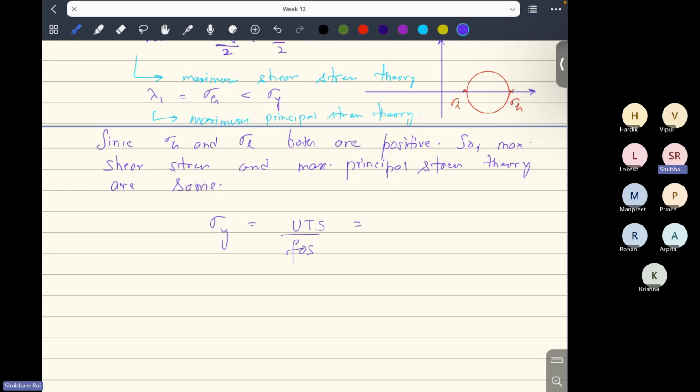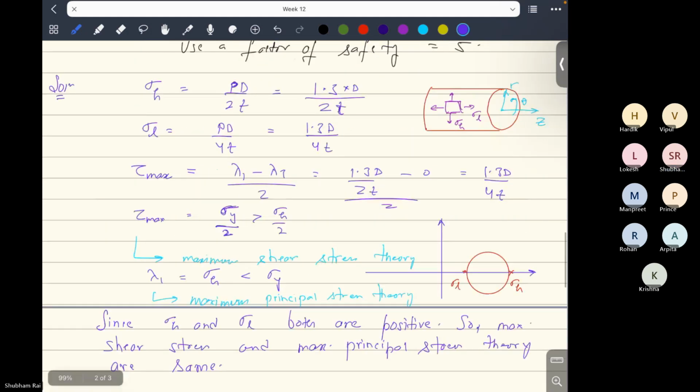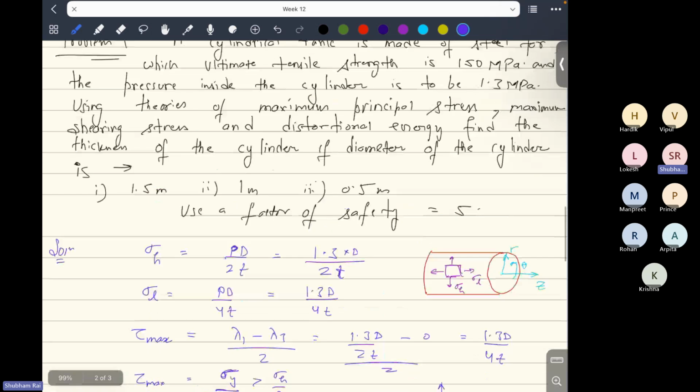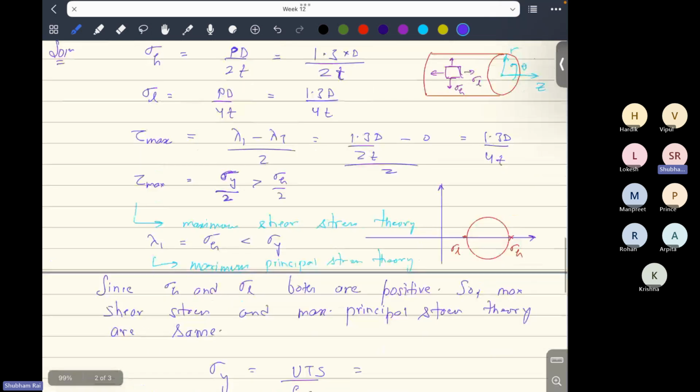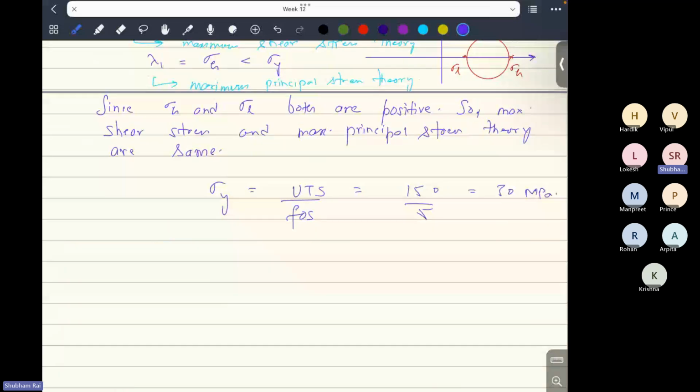The ultimate tensile strength is given here, it is 150 megapascal, and the factor of safety here is 5. So you get 30 megapascal, right? This is the allowable yield stress, and as per maximum principal stress theory or maximum shear stress theory, you should have sigma h less than sigma y. So sigma h is how much? 1.3 d divided by 2t. So that should be less than 30.